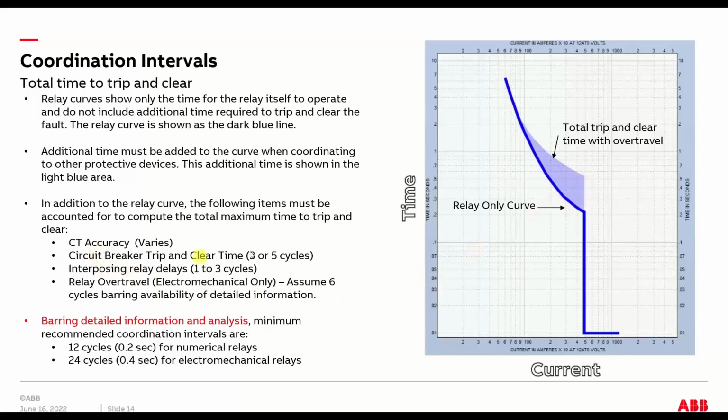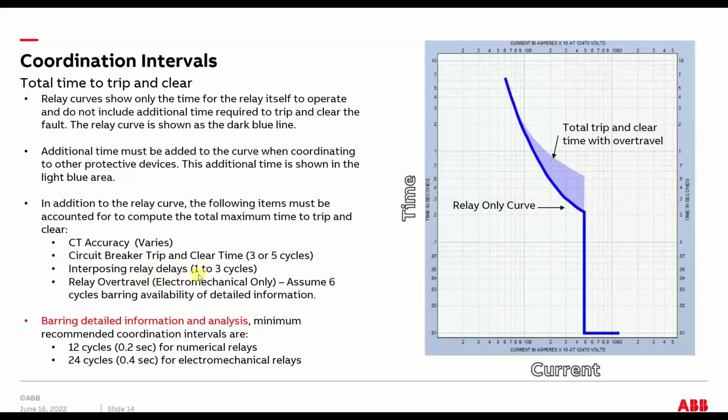And here's a real quick rundown of what this encompasses. This area, it's the accuracy CT, and this is highly variable. Then it's a circuit breaker trip and clear time. Typically, that's for vacuum technology. It's 3 or 5 cycle breakers. So you'd add 3 or 5 electrical cycles to the time here.